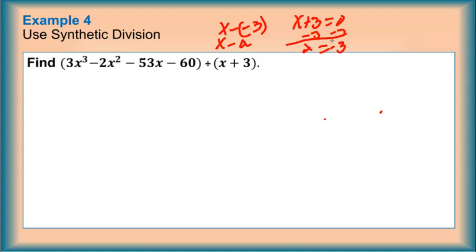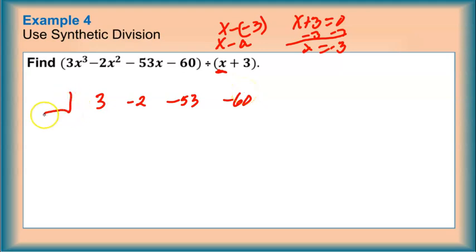Now with synthetic division, I have to make sure that this is a plain x for me to use this method, which I do have. So the first step is we're going to take our polynomial and we're only going to write the coefficients. So the coefficients are 3, negative 2, negative 53, and negative 60.